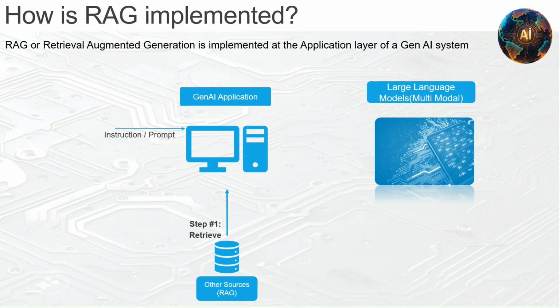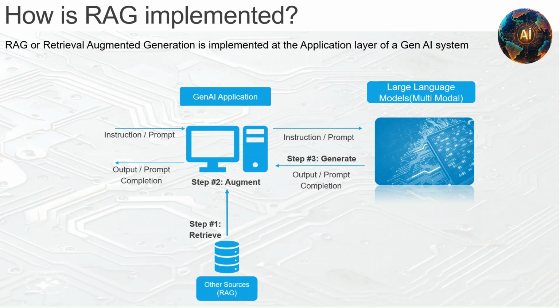For example, as we saw, if the user query is about leaves, we retrieve the HR policy related to leaves. Then step 2, we augment the prompt with this gathered information. And then we send it to the LLM to generate a personalized output. The critical step 1 and step 2 of the RAG pattern are executed by the application layer.